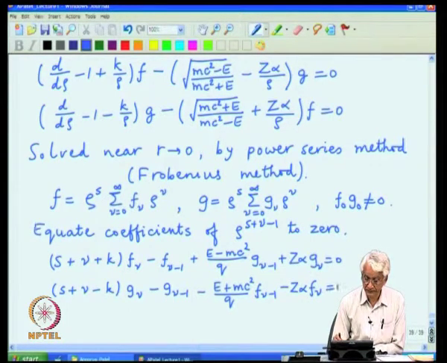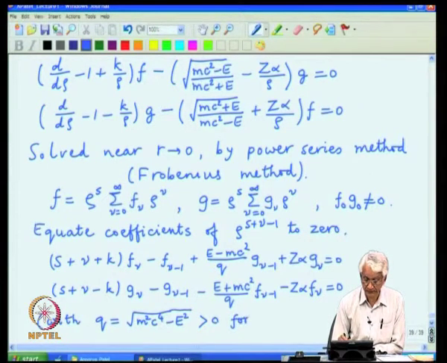And here I have chosen the simplification for notation with this variable q as m square c raised to 4 minus e square. It is positive for bound states with energy less than m c square.